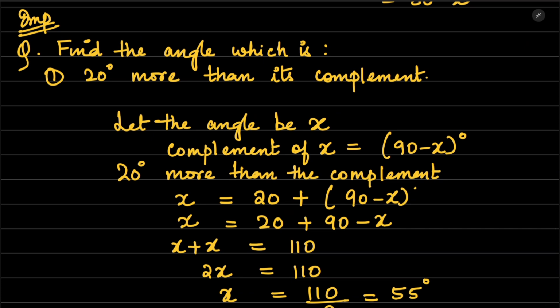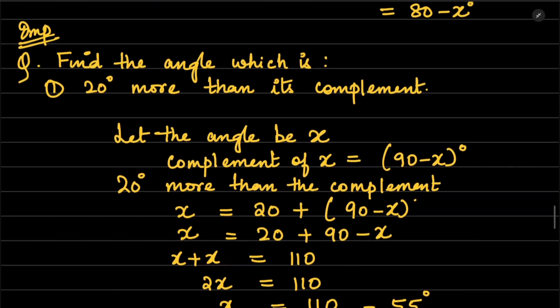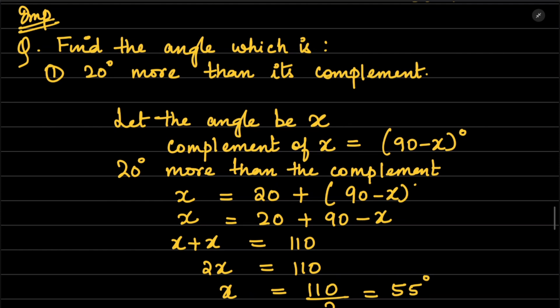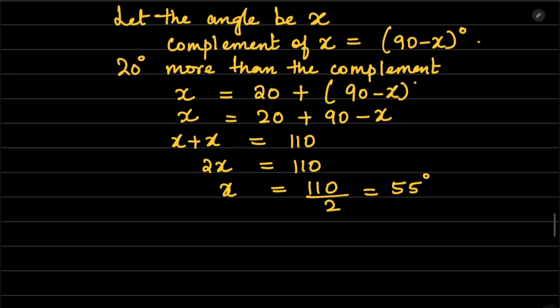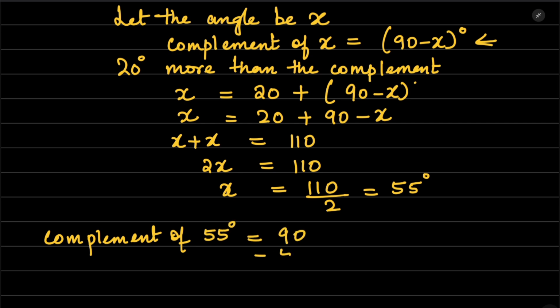But what are you asked? You're not asked to find the angle. You're asked to find the angle which is 20 more than its complement. Now what is the complement of this? So complement of x, x is 55. So the complement of 55 degree is nothing but 90 minus 55, which is 35 degree.